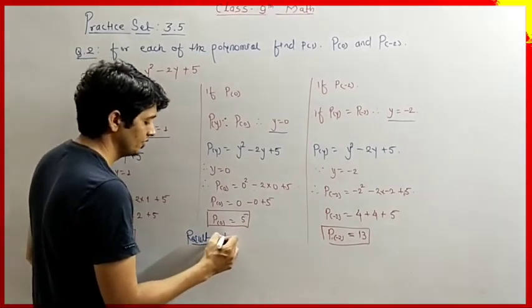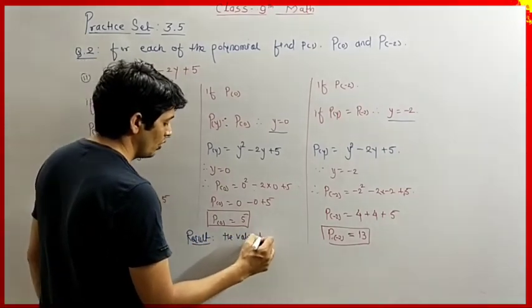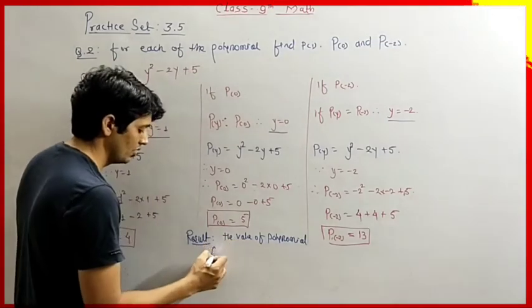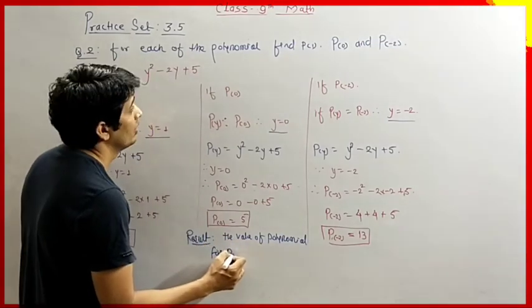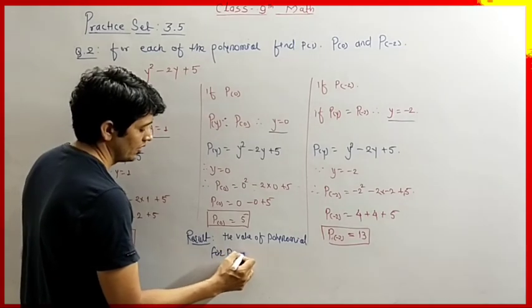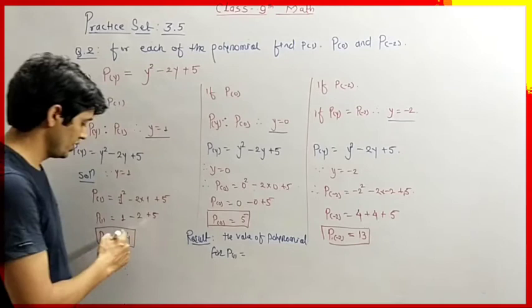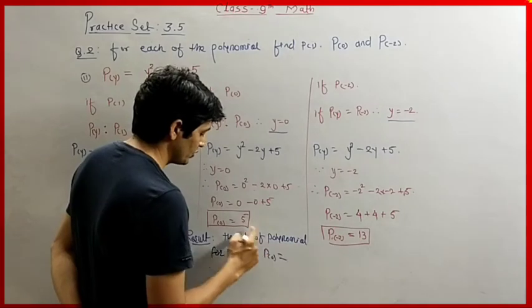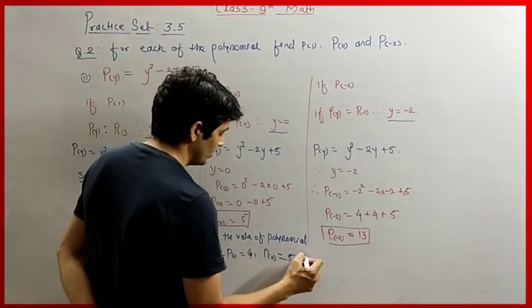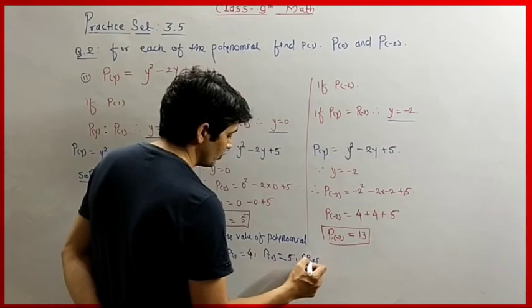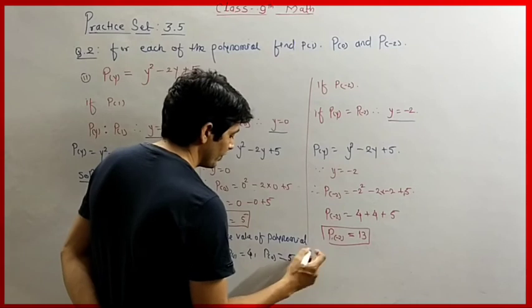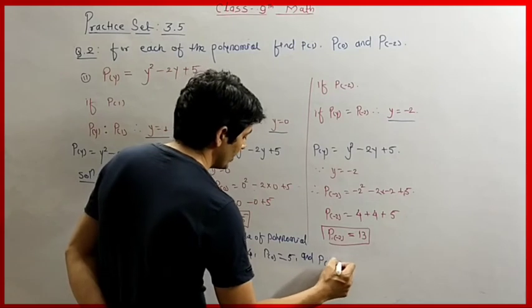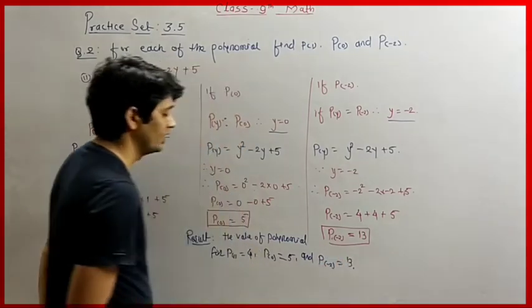The value of the polynomial for P1 is equal to 4, for P0 equals 5 and P minus 2 equals 13, and that is our answer.